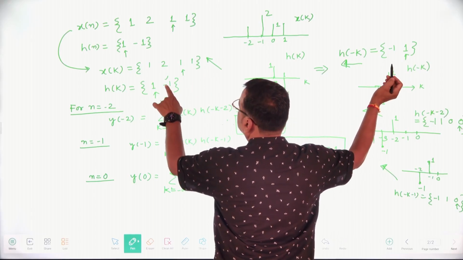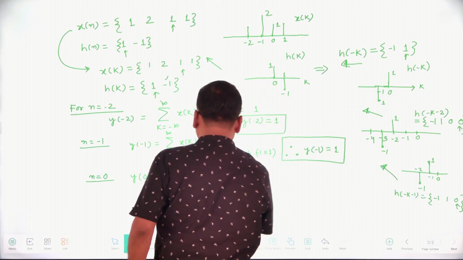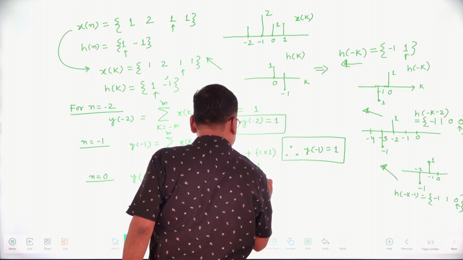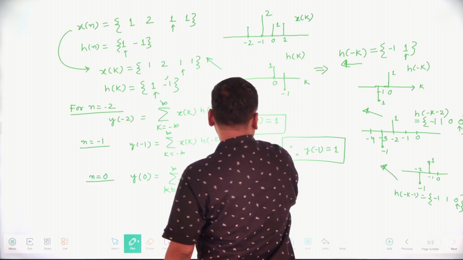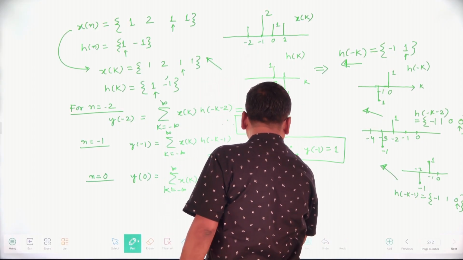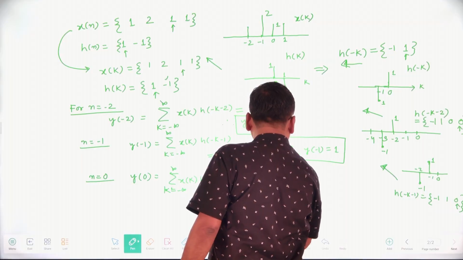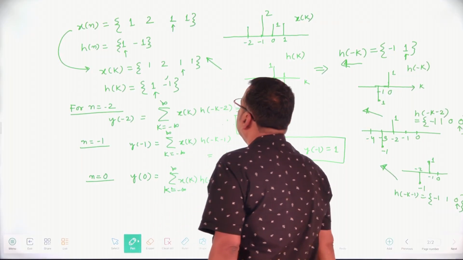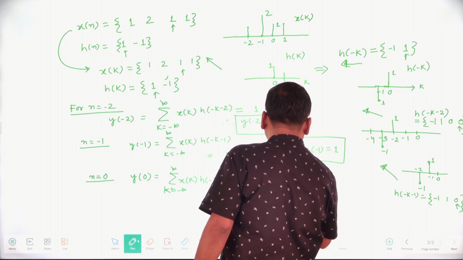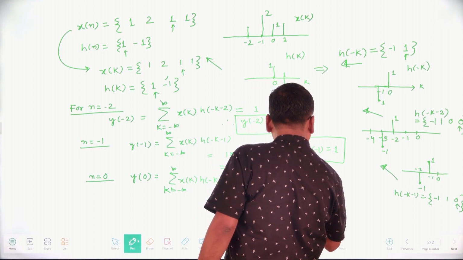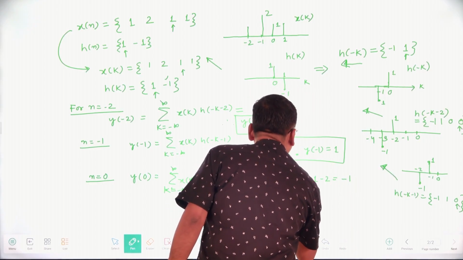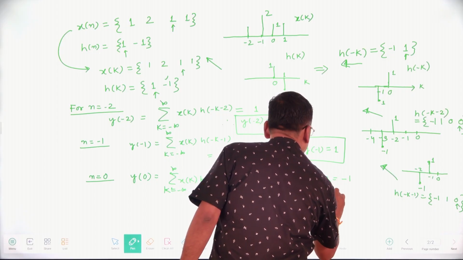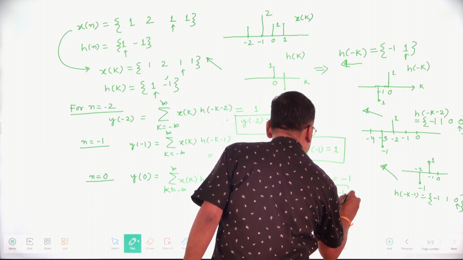That is 1 into 1 plus minus 1 into 2, which is 1 minus 2, that is minus 1. Therefore, y of 0 equal to minus 1.